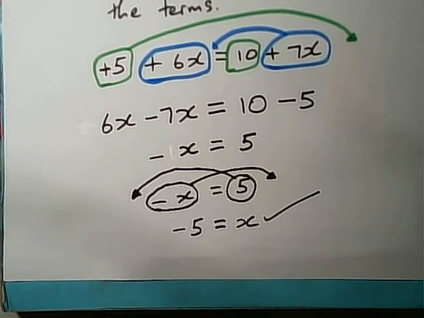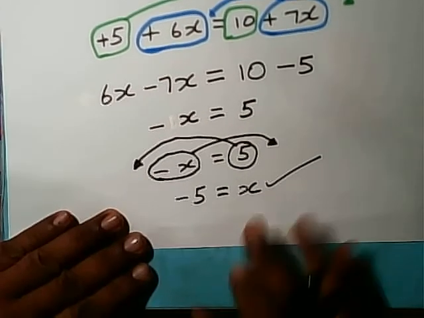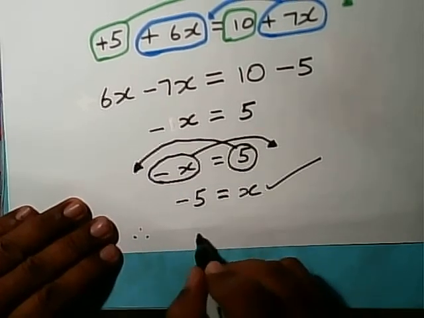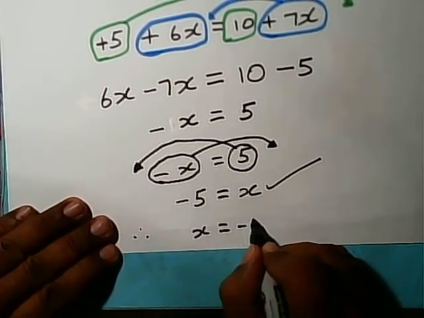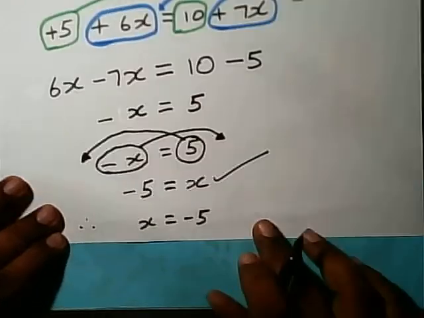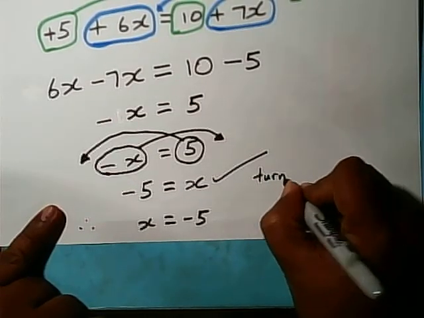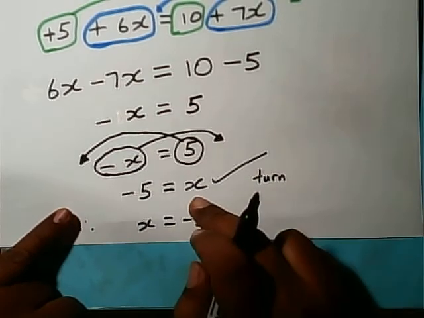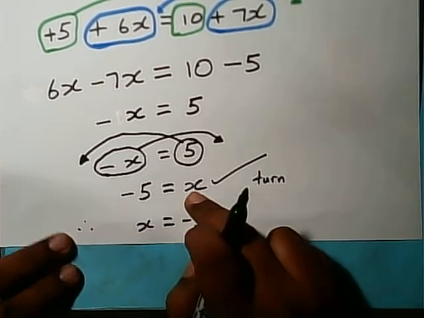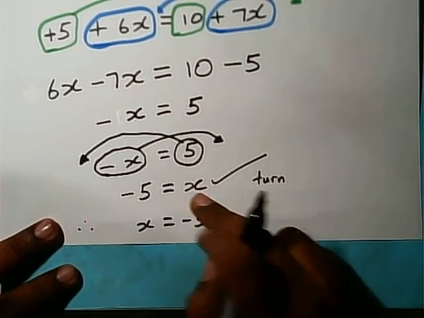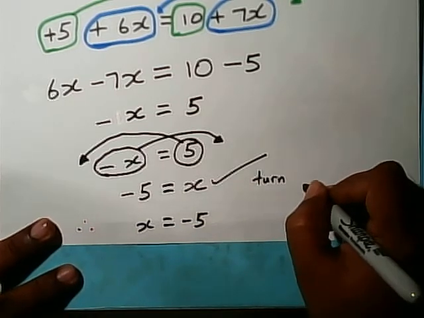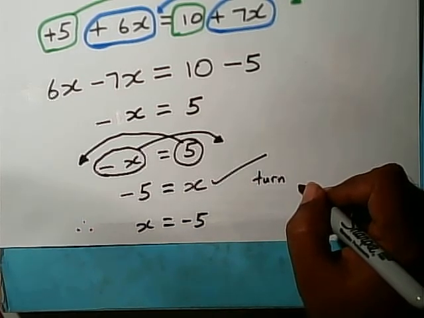x is the number minus 5. So if you want, you could then say, therefore, x is minus 5. Here, all I did was the turnaround. I'm only turning it around because my end line happened to be the wrong way around. So I just turn it around. It's like you put on your jersey, but it's back to front.